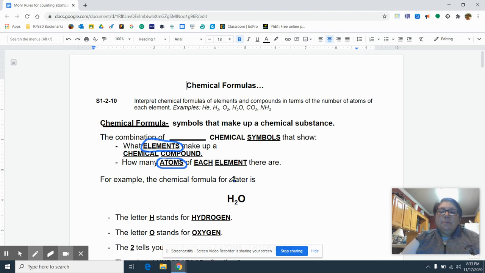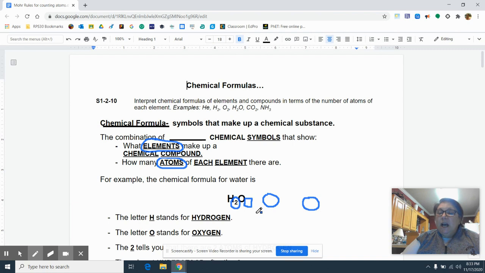So if we look at this, we know that the H stands for hydrogen. If there is a number after it, that tells you how many atoms of hydrogen we want. So that means that we've got 2 hydrogen. And remember when we did the PhET lab, you guys are putting all the things together and building those compounds? That's exactly what this is doing. Okay, there is no number after the oxygen.